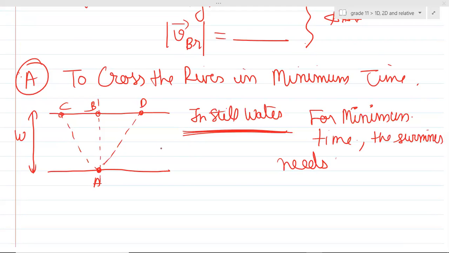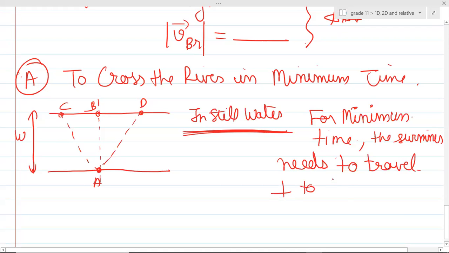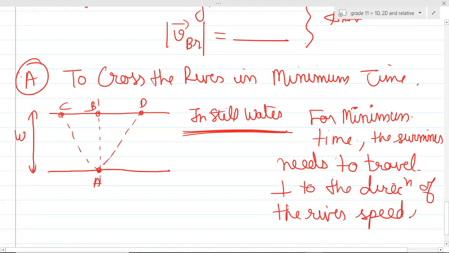If the river starts flowing, then in the ground frame it will be a different thing, but this concept will remain the same. For minimum time, the swimmer needs to travel perpendicular to the direction of the river speed, that is along AB. AB, yes.